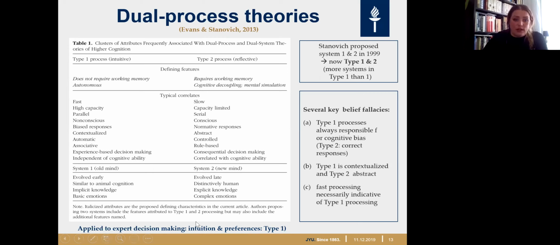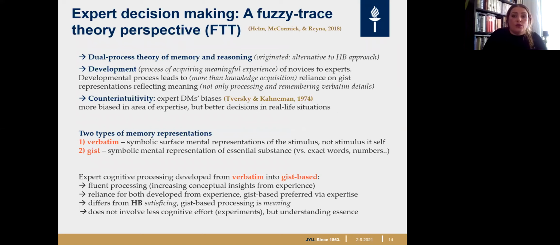But we look more into this in the fuzzy trace theory. Often also the fallacies are that type 1 is contextualized and type 2 is abstract. And also there's this belief that fast processing is necessarily indicative of type 1 processing, which is not the case in the fuzzy trace theory, which we have here next.